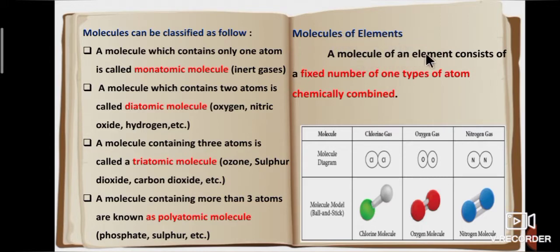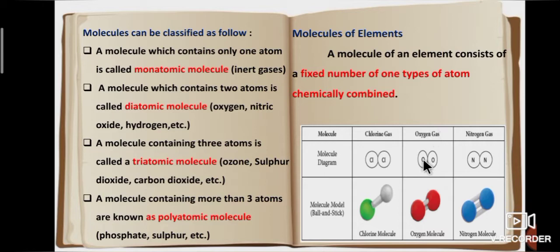Shall we see molecules of elements? A molecule of an element consists of a fixed number of one type of atom chemically combined. Example, let's see the molecule diagram. This is chlorine gas, same atom, one type of atom.